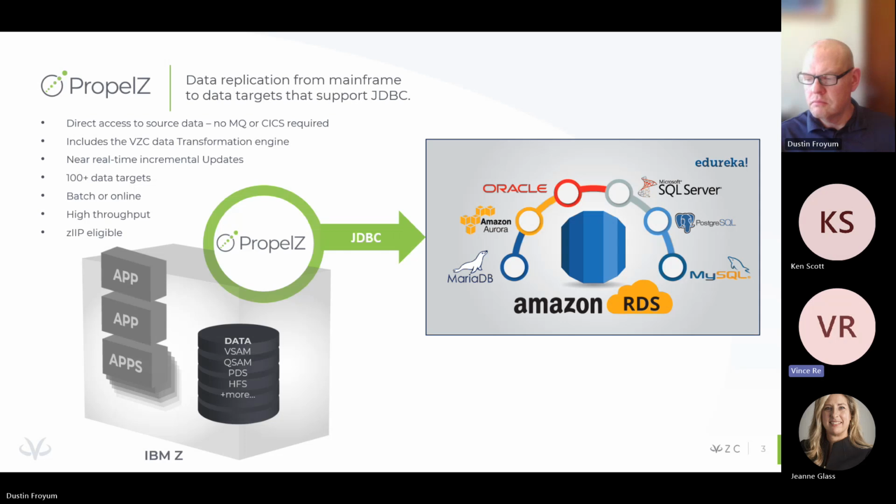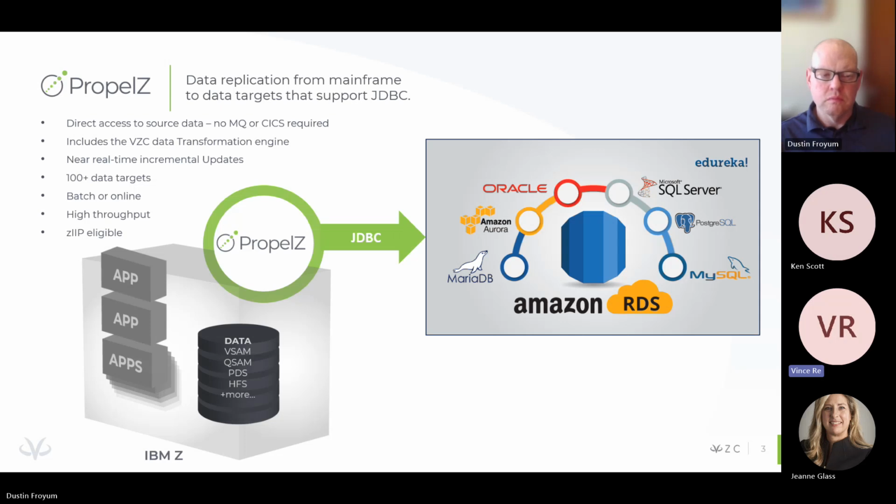What we're doing is running PropelZ as a zIIP workload, and that means that it doesn't contribute to driving your software bills higher because usage is higher. The usage that PropelZ uses doesn't spin that software meter at all. Same as other zIIP workloads would be. So really simple to get going.